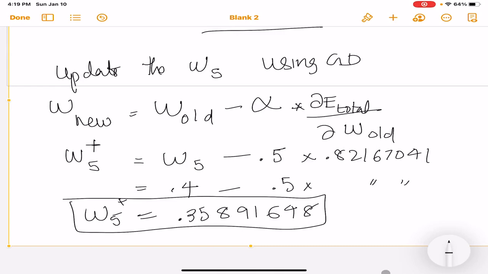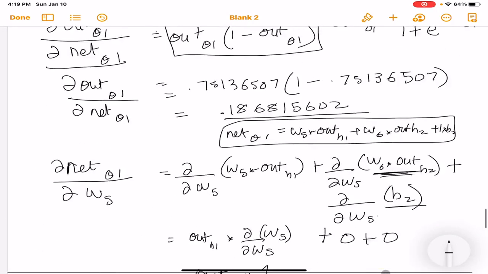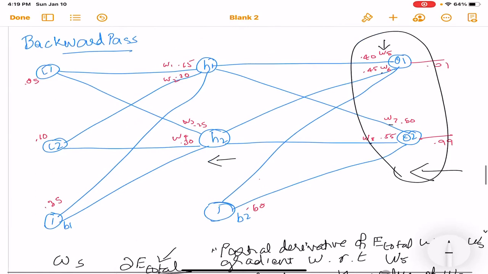Now we need to continue this same process for the remaining weights that affect my output layer, which is nothing but W6, W7 and W8.